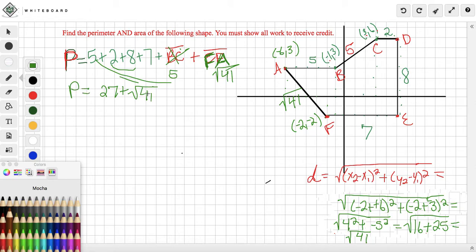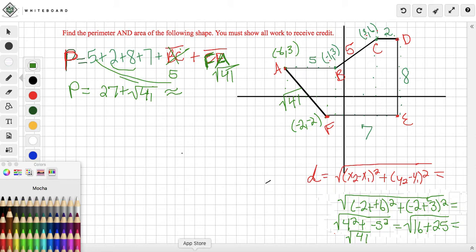And if you wanted to approximate the square root of 41 with a calculator, you could certainly do that, because we're going to do approximate signs, right? If you're going to approximate, we know 6 times 6 is 36, and 7 times 7 is 49. So this is right in between those.